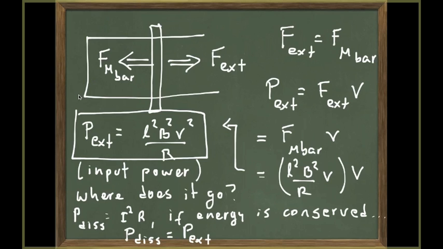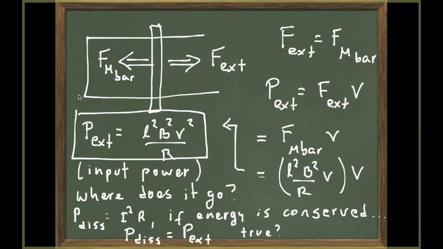So the power of the external force, which I just calculated here, has to be equal to the power dissipated by the resistor in the circuit. They should be the same, or energy would not be conserved. Are those equal? Can we tell easily whether they're equal or not?